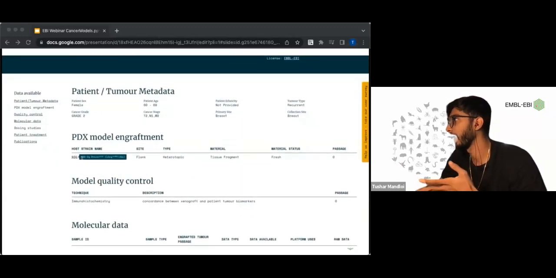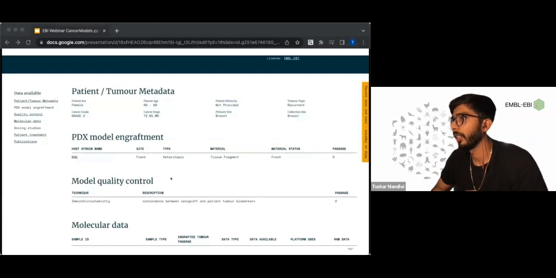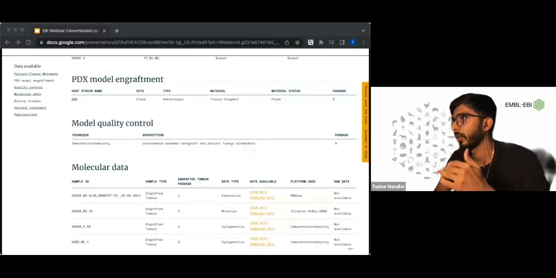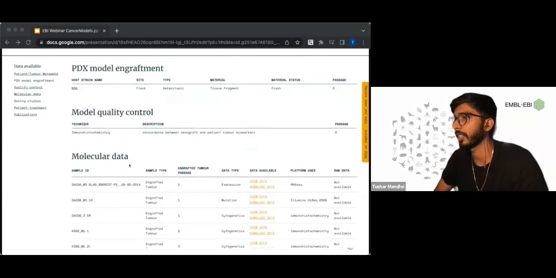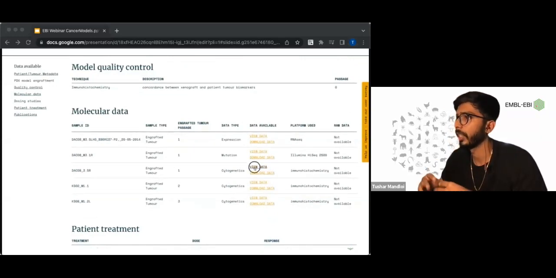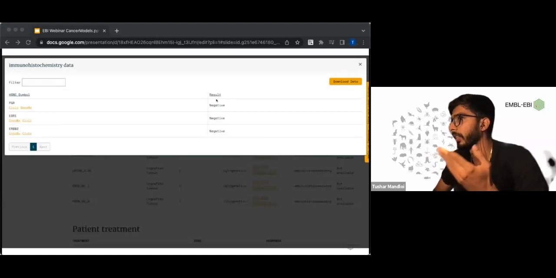such as cancer stage, patient ethnicity. She is interested in the biomarker information, so she heads over to the molecular data section. She clicks the view data button for cytogenetics data type, where you can see that the biomarkers are triple negative.